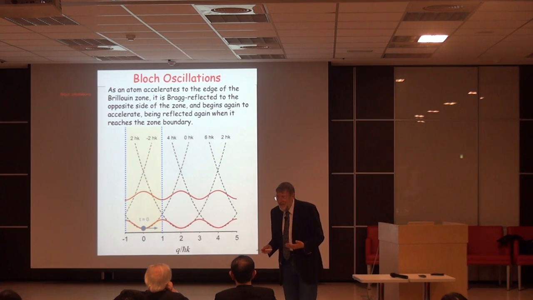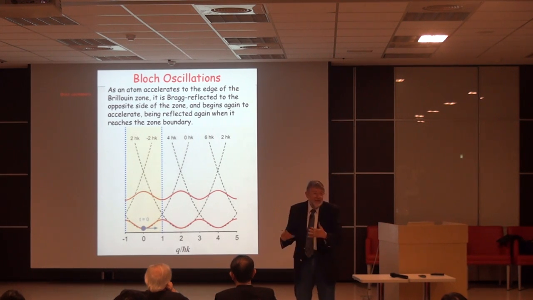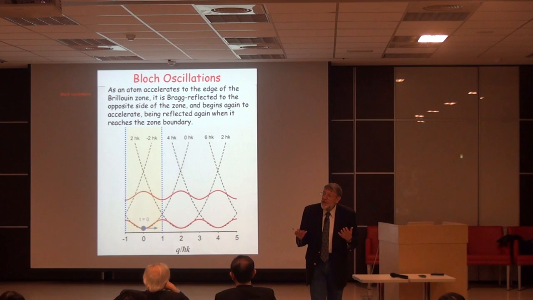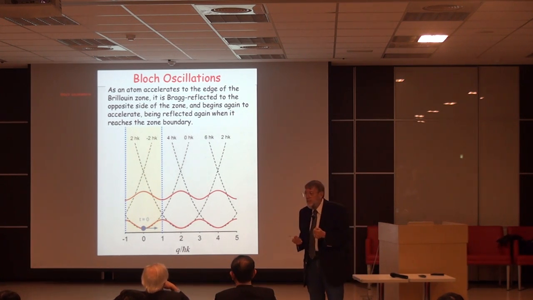But that's not what happens. What happens is that the electrons scatter from phonons and impurities and defects, and it messes up this process, and we get ohmic conduction. But if you had a perfect lattice, you would get Bloch oscillations instead. Very difficult to see in condensed matter systems. Recently, people have done it with superlattices, but it's very hard to do.